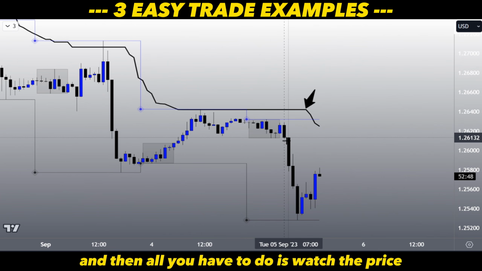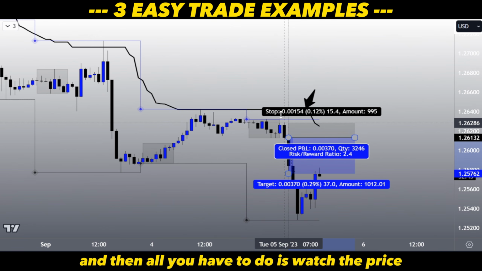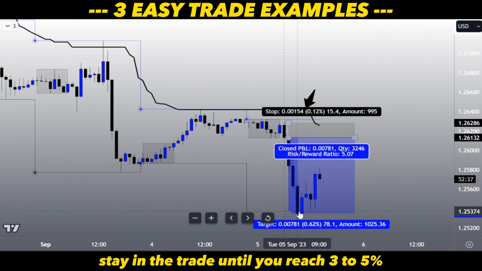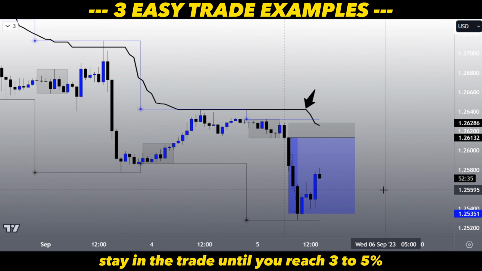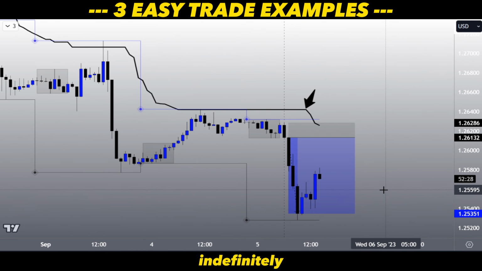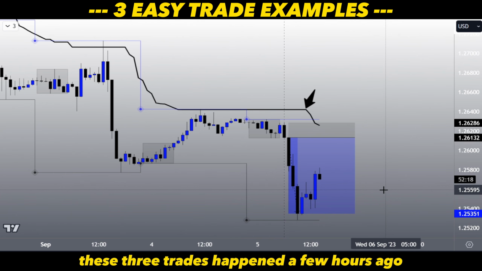And then all you have to do is watch the price, stay in the trade until you reach 3 to 5%, and then come out, because no impulsive move goes to the downside indefinitely. So there you go. There you have it. These 3 trades happened a few hours ago.